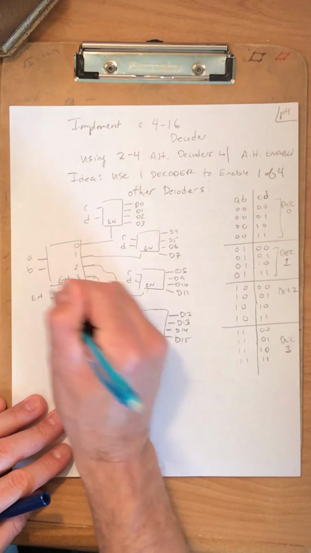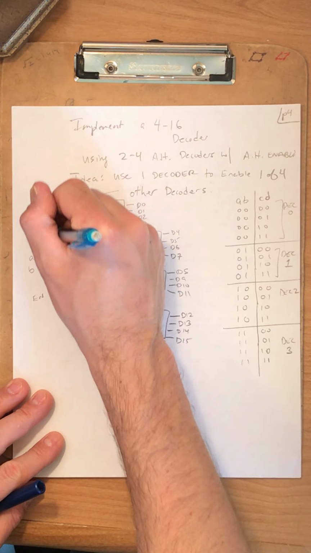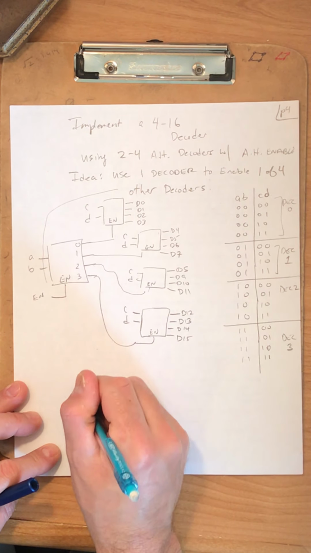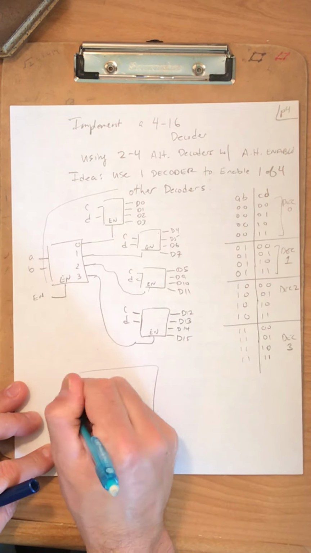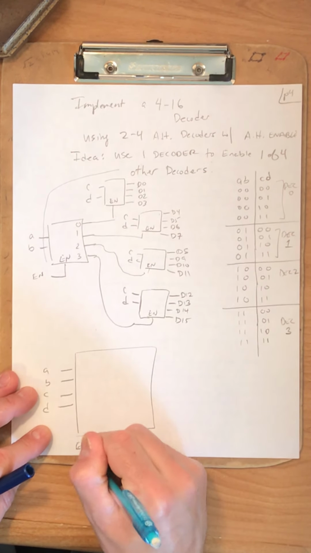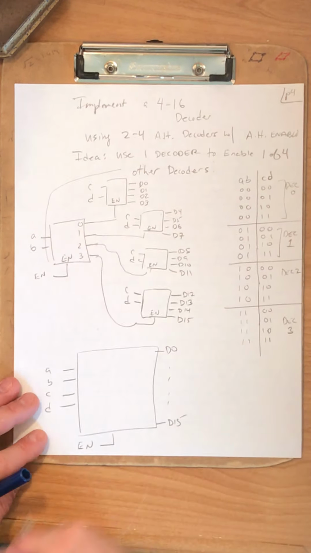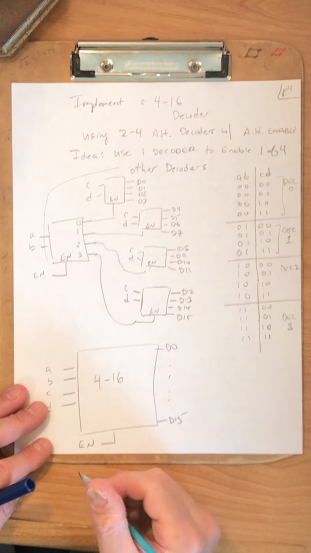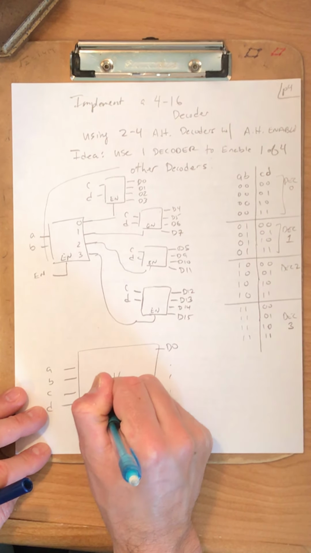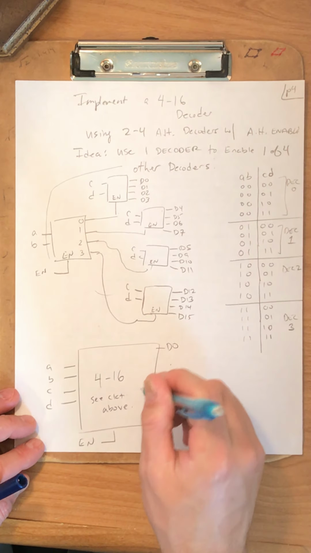Leave this as enable. So basically the idea is that you put this all in a big box now, and it looks like this.